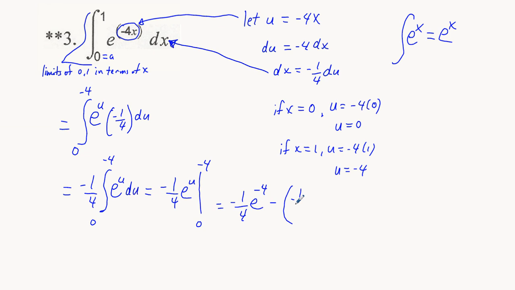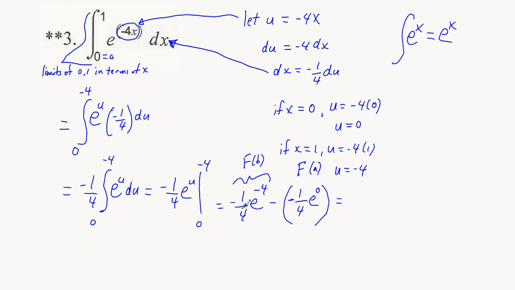Now you notice when I subtract out and do the big F of a, I always like to use parentheses here just to make sure I have things right. Then we're going to have e to the 0 power. So this is going to be our big F of b, and this on the right is going to be our big F of a.